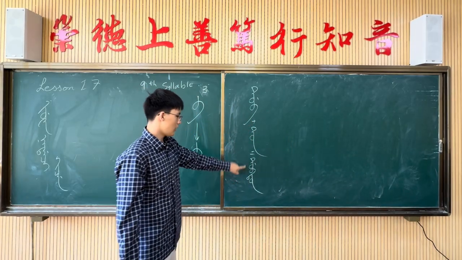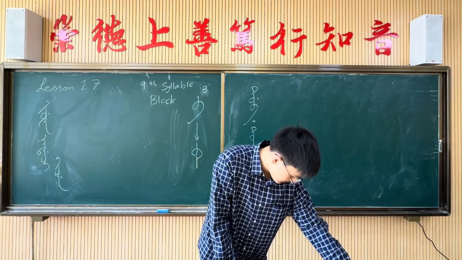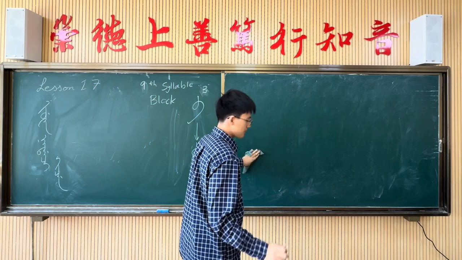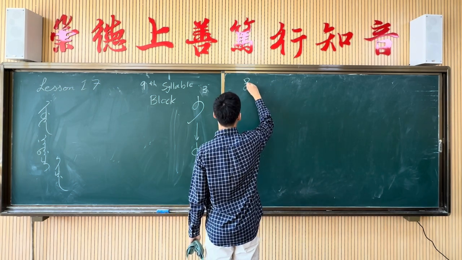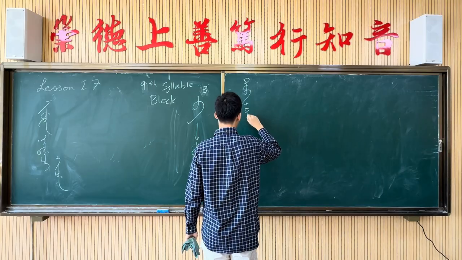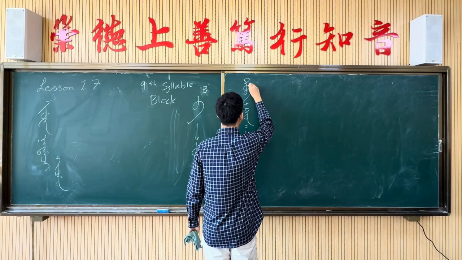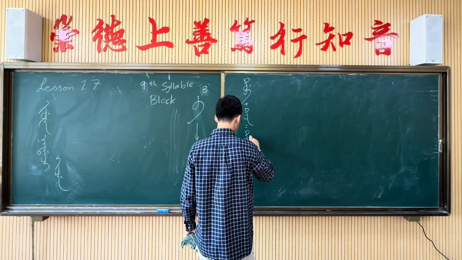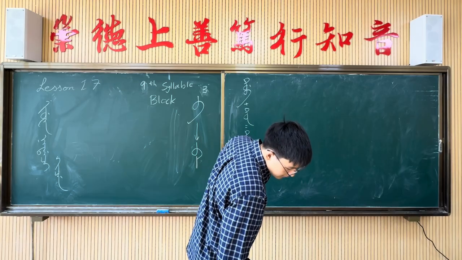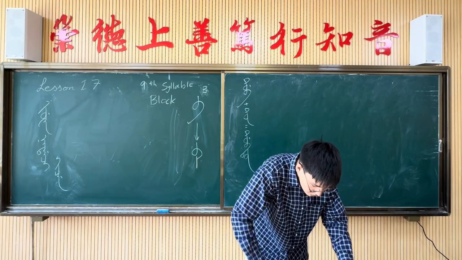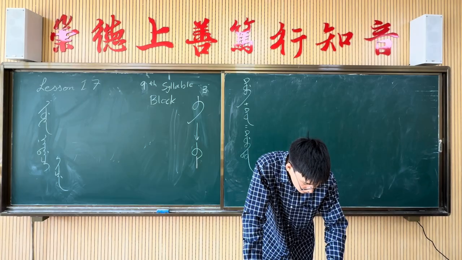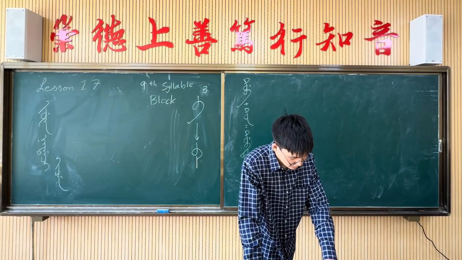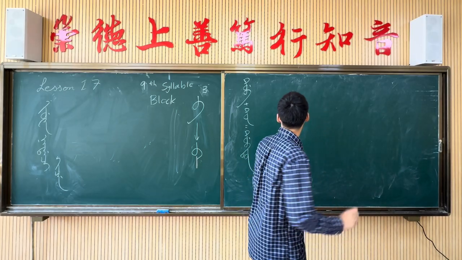Okay, I'm not sure if you can see it or not, because it's so down here. I'm gonna erase this and move it up a little bit. Dopton. Dopton means small sheaf.